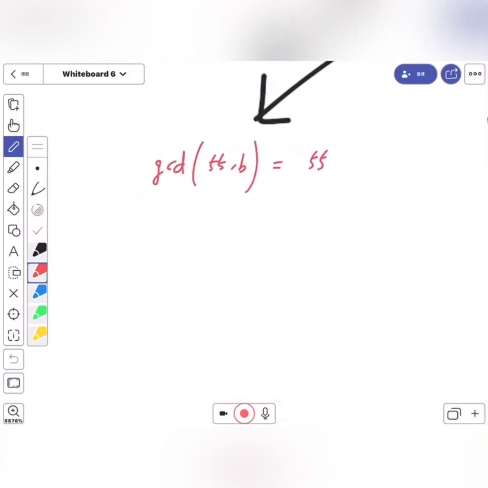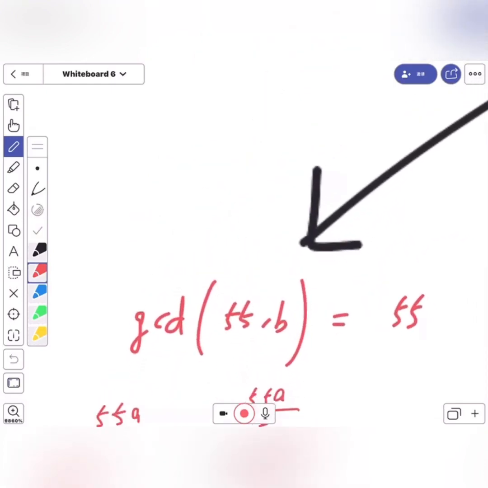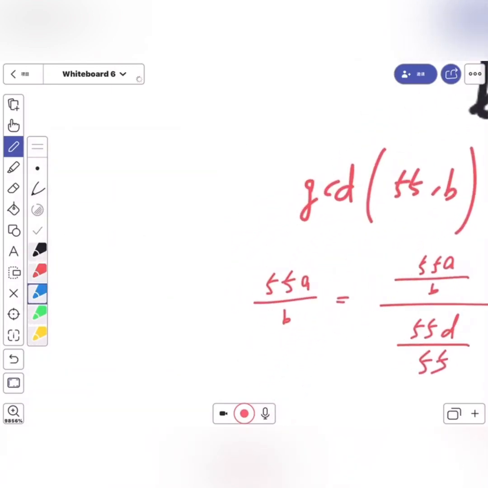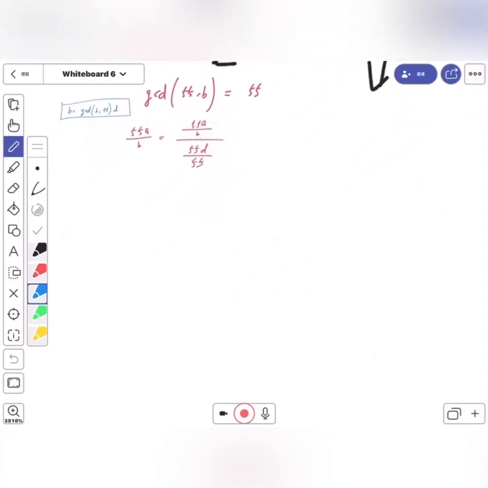Then we know that 55A over B is going to be equal to 55A over 55 over B over 55, which is D, because we have already defined that B is equal to GCD of B comma 55 times D. We already defined this, and this is going to be applicable to all of the 4 cases.